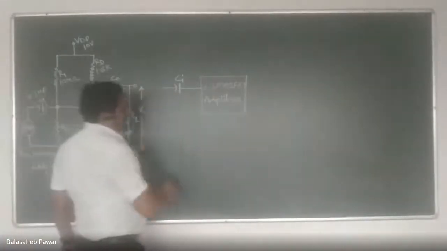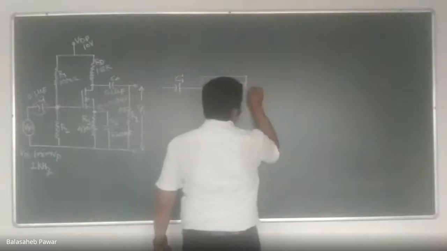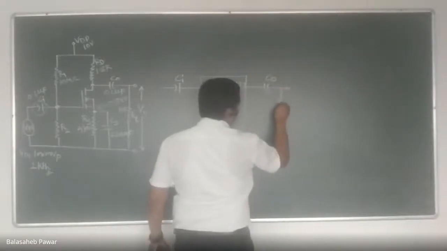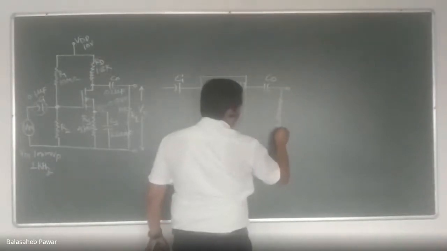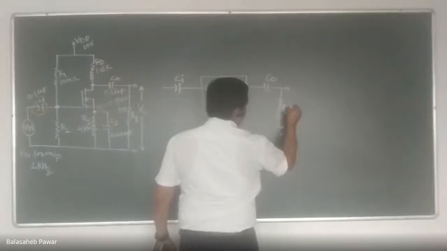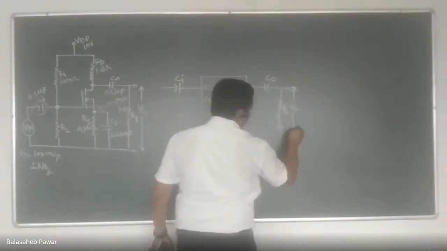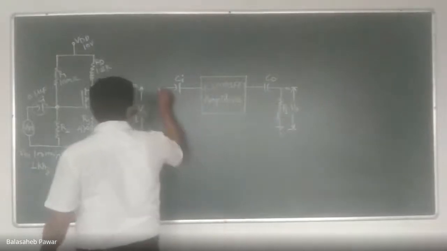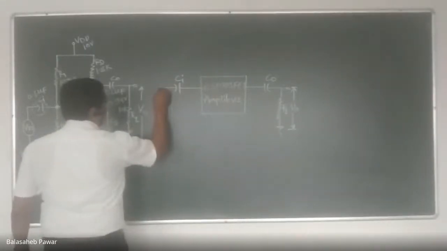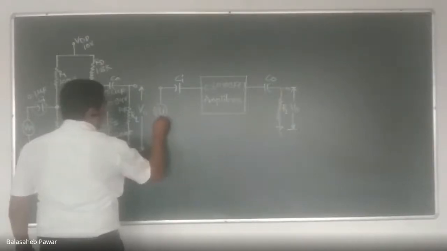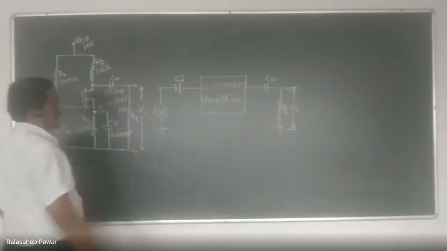At the output side, again one more capacitor, the output coupling capacitor CO, and RL, across which we will observe the output, VO. Here we are applying the input signal, which is time varying with respect to ground.